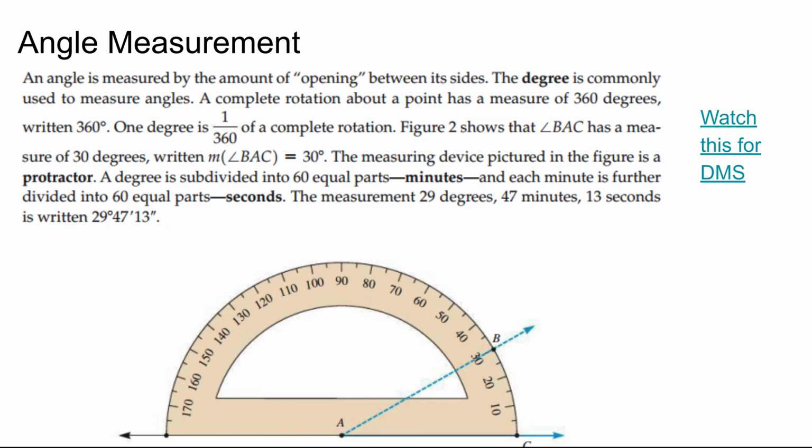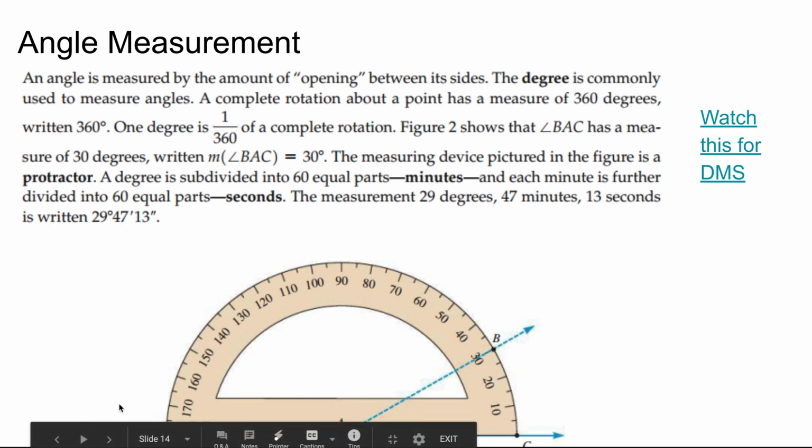Okay, so from A and C, you can see the ray AC and the vertex is A and there's ray AB. So there's an angle CAB or BAC. And what's the measure of that? Is that 30 or the other way around? Well, some protractors start from 0 on the right-hand side like this one, but some protractors have 0 on this side.